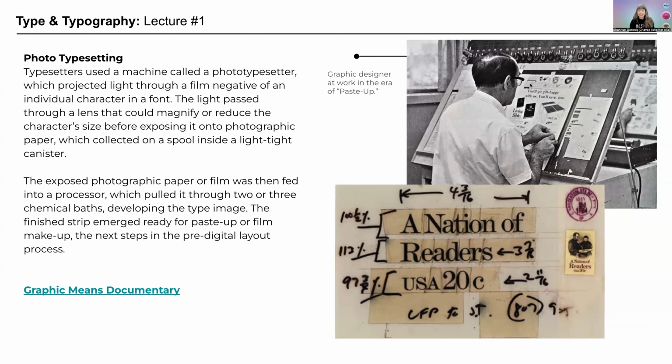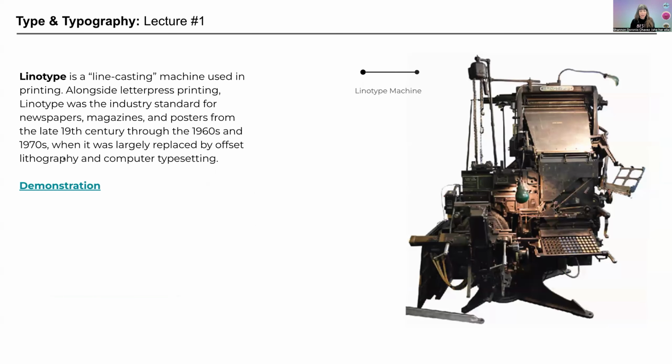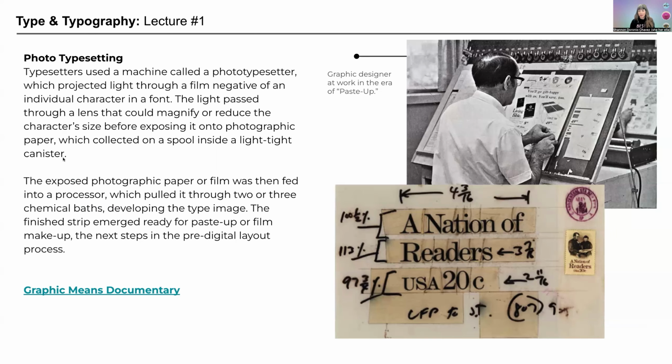What we see here is a graphic designer doing his job. He is exactly what it sounds like, cut and paste, collaging together a mechanical or a page that would then be photographed and then used in the lithographic process to print.